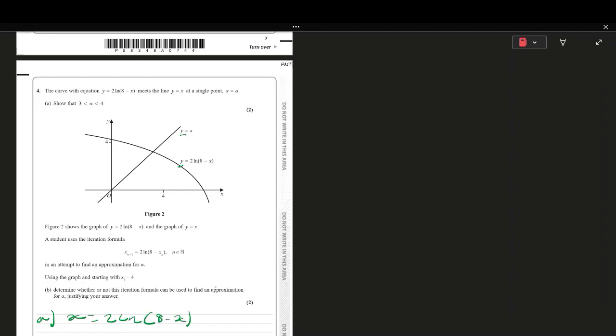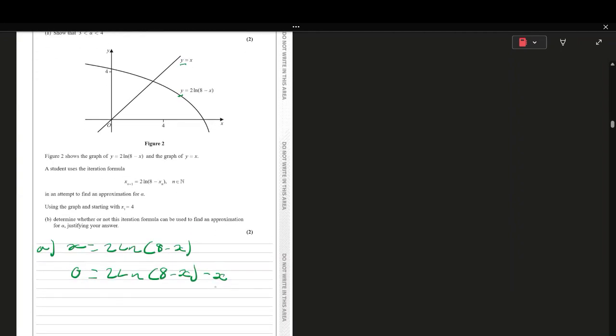Then we make it equal 0. So 2 ln(8 − x) − x is equal to 0. Then we let x equal 3. So 0 is equal to 2 ln(8 − x), and x is 3, so 8 minus 3, which is 5.